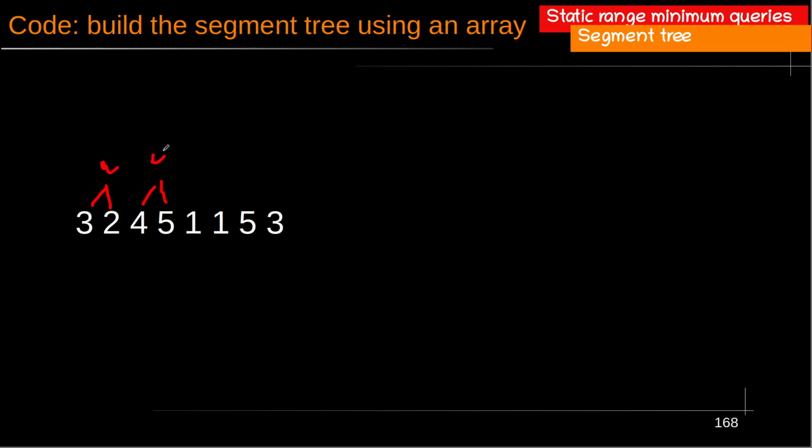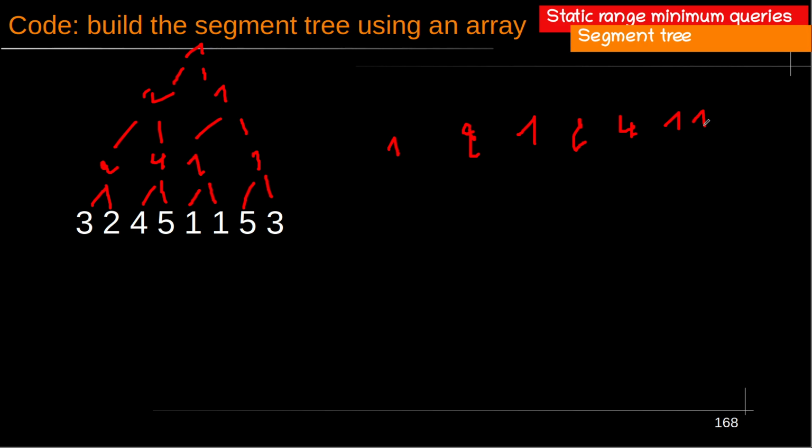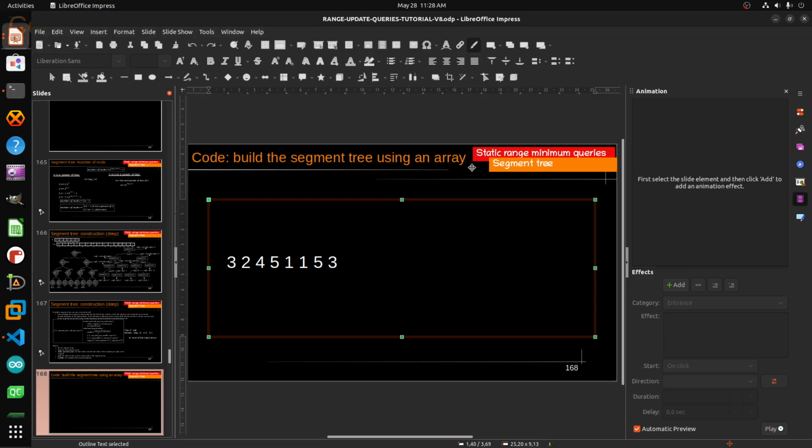Because it's a power of 2, it's very easy to build. Now we have 1, 2, 1, 2, 4, 1, 1, and the original array 3, 2.